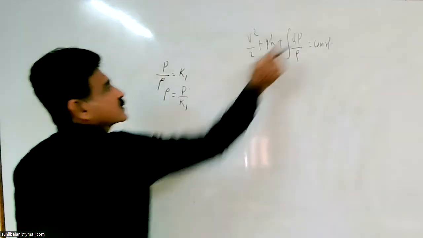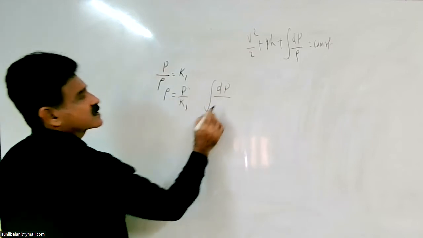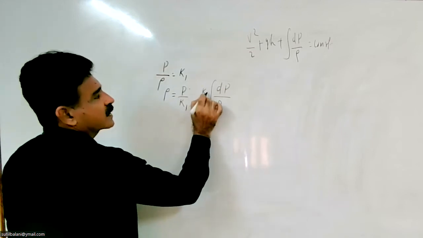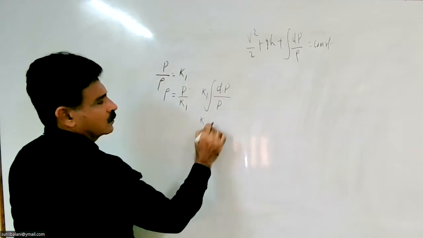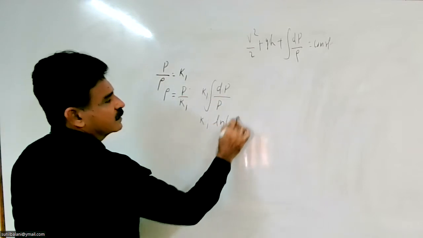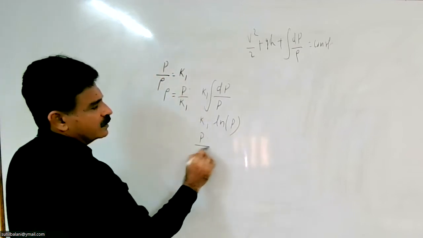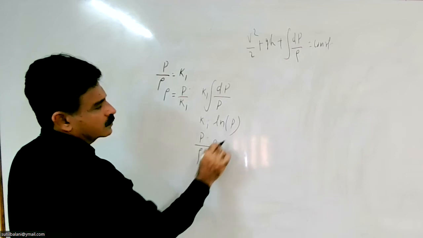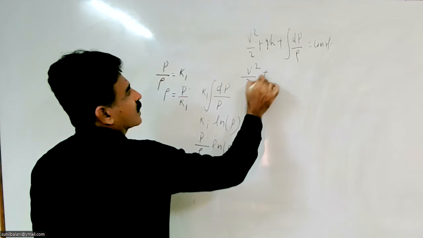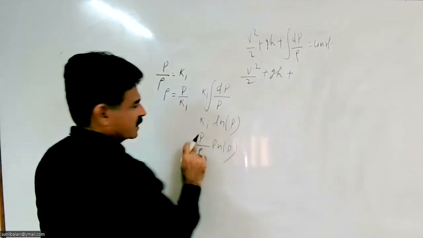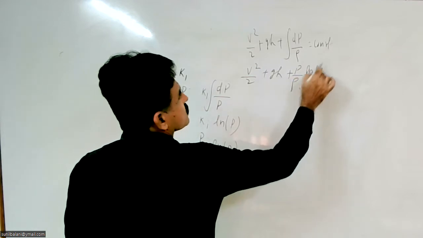So if I use this here, I will say dP, rho can be replaced as P by K1, and then you can write this as K1 into ln of P, and K1 itself is equal to P by rho. So P by rho ln P. The isothermal case, the equation becomes V square by 2 plus gh plus P by rho ln P is constant.